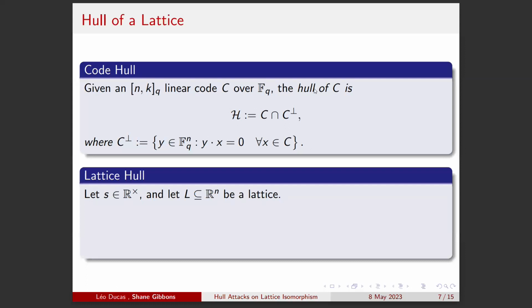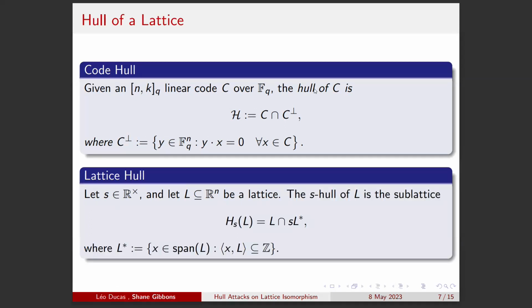So knowing this, it's natural to want to define the hull of a lattice. However, if you begin with an integer or integral lattice and take its intersection with its own dual, you end up with the same lattice again. So you don't learn anything by taking the hull, and it's useless. What we can do instead is define the hull using a non-zero scalar s, and define this hull to be the intersection of the lattice with this scaling of its dual.